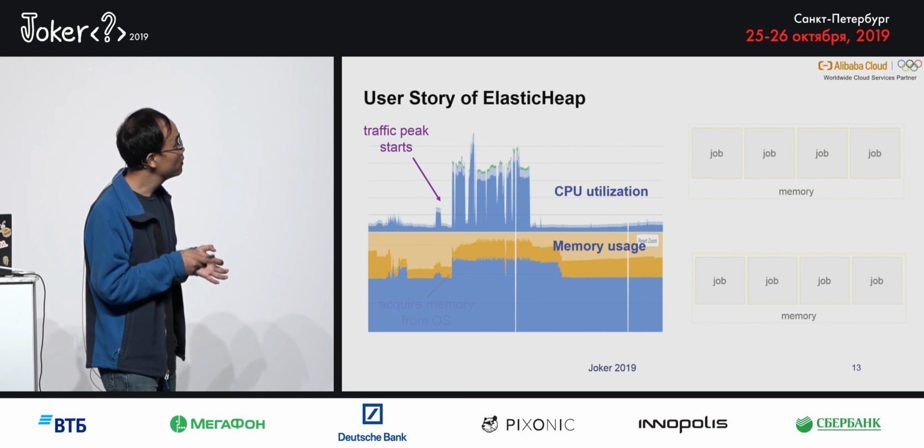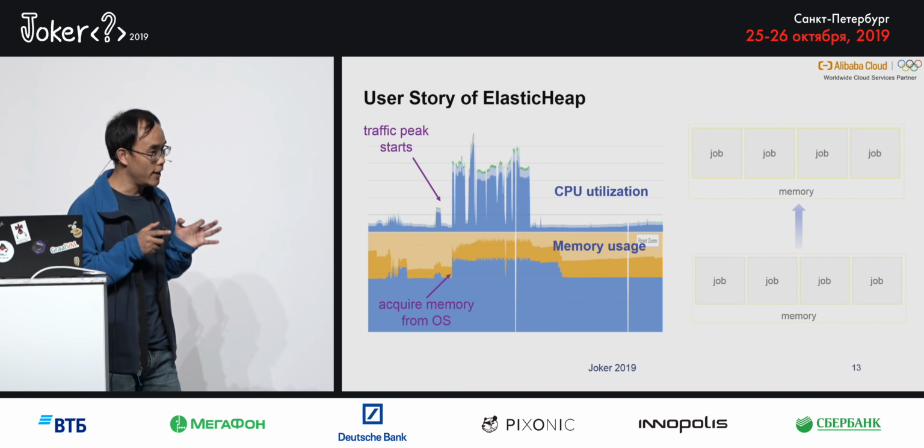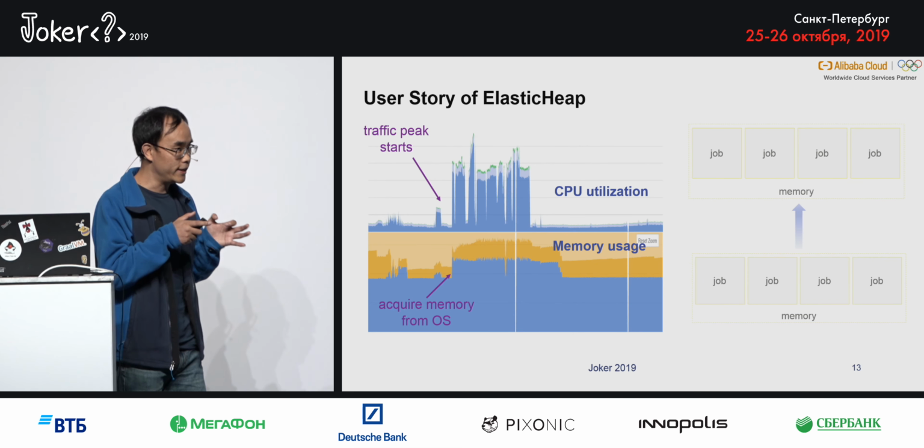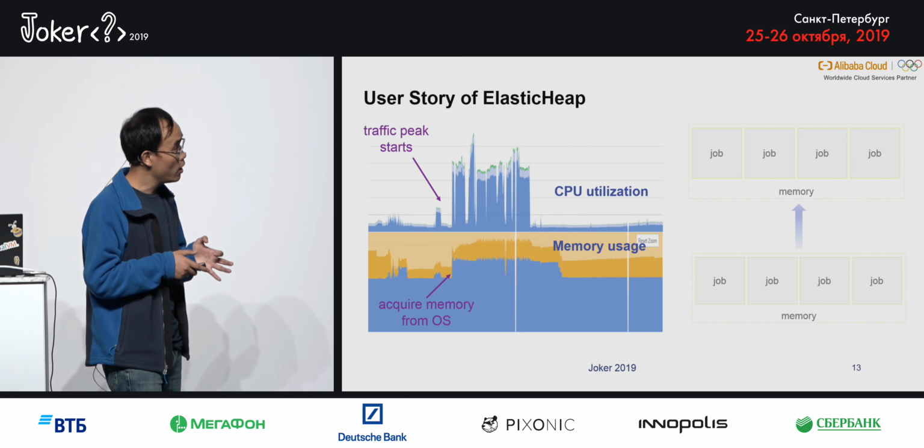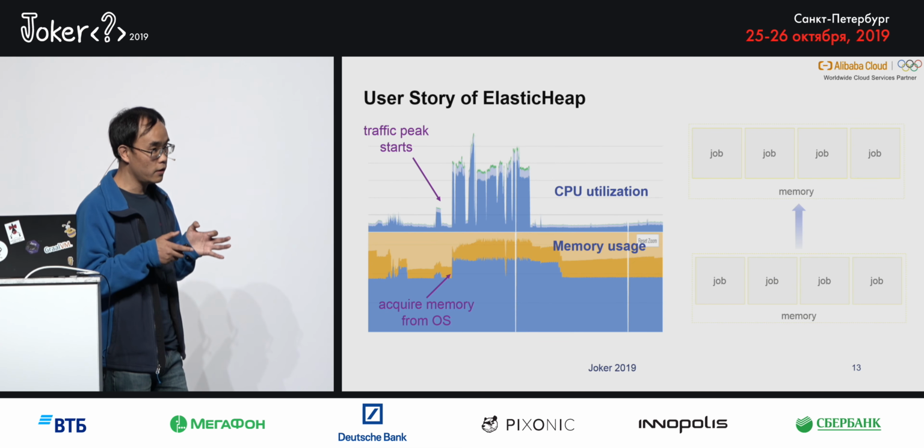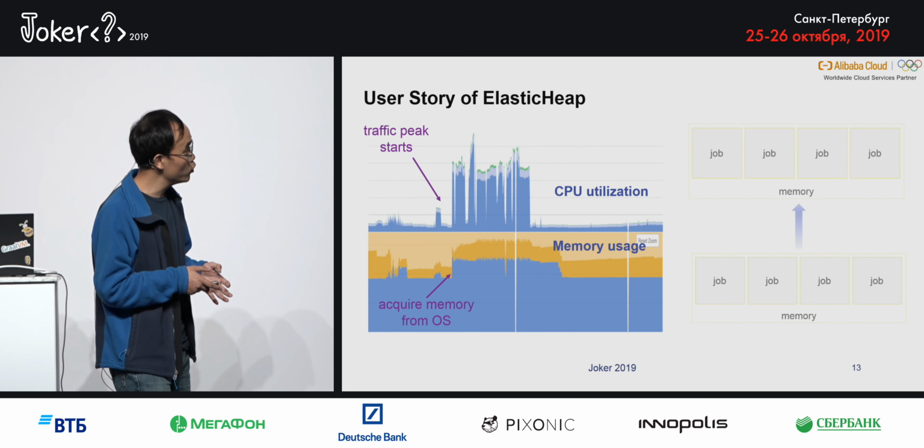After that, the JVM for the online job uses elastic heap to acquire memory from the OS.